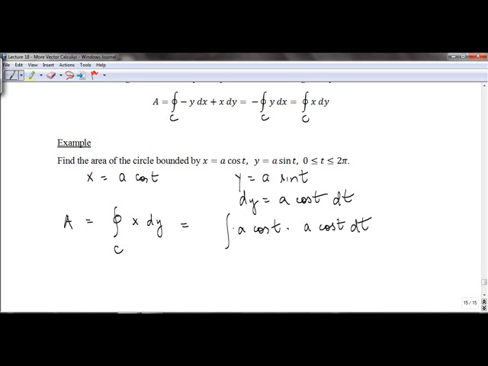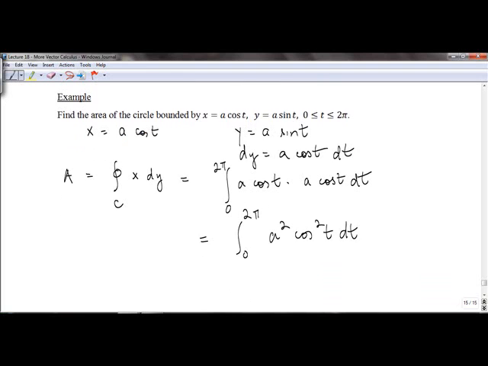What are the limits? 0 to 2 pi, which works out to be the integral from 0 to 2 pi of a squared cosine squared t dt, which works out to be pi a squared on your calculator. Now this makes sense.